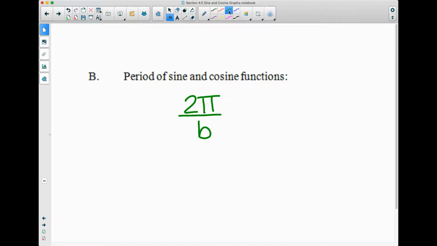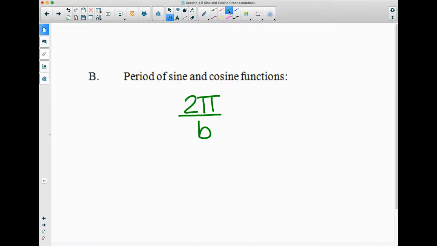So what used to take a whole distance of 2 pi to give a full cycle of the graph now happens in a distance of pi over 2. Okay? So horizontally it compressed, which makes sense from all the transformations we've been doing in the past. So what used to take 2 pi to go all the way up and all the way down now only takes a distance of pi over 2. Okay, so the period of the graph changed when there's a B value other than 1.